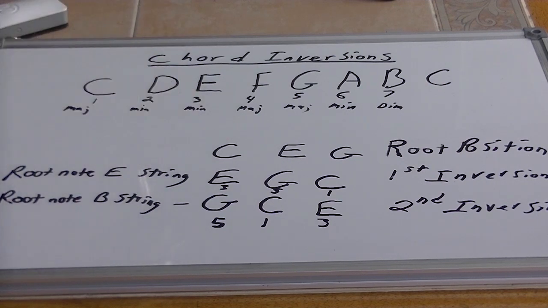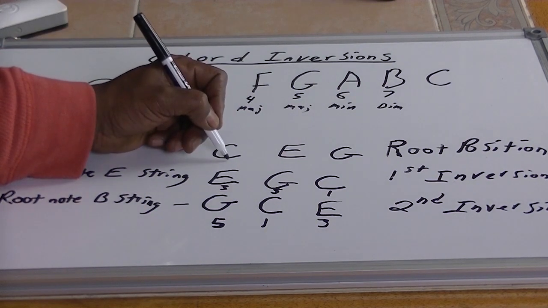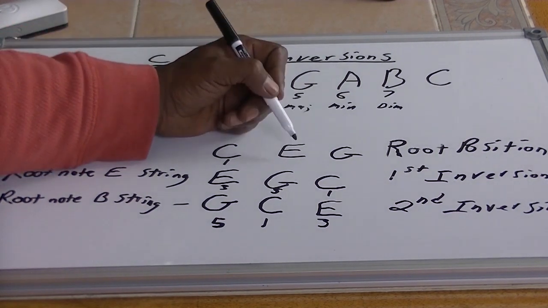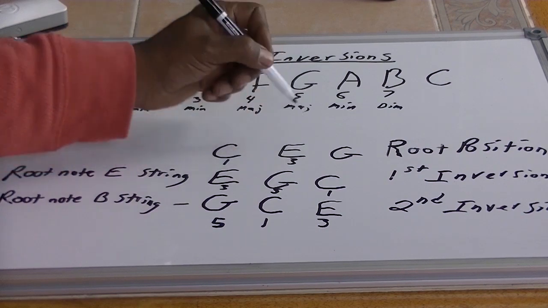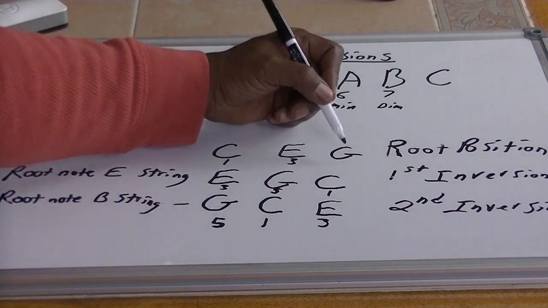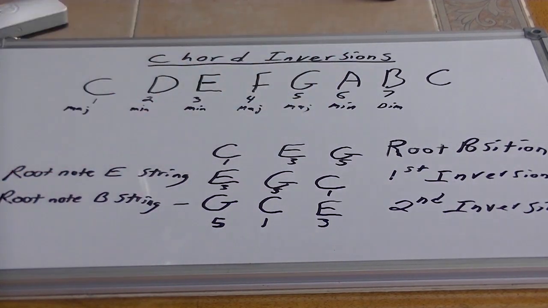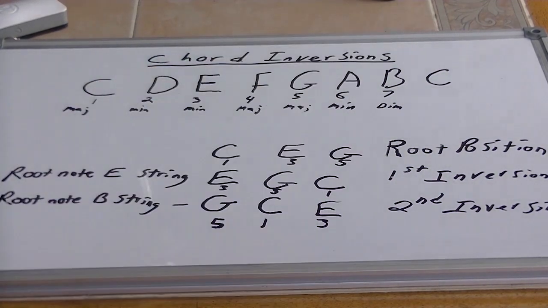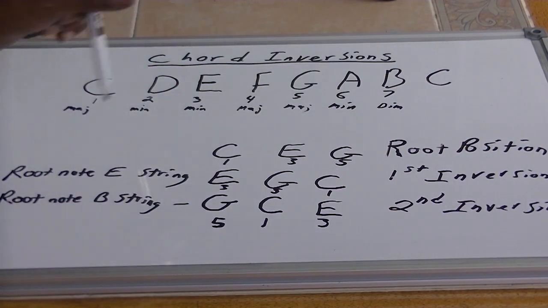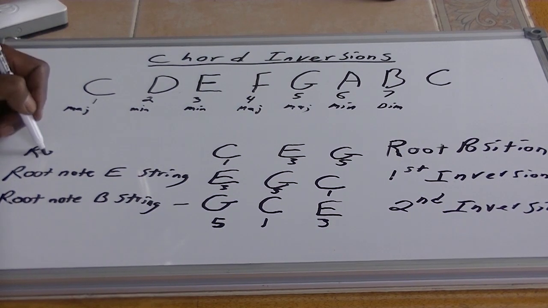Starting with the lowest string, the G, we have the root note. And then on the B string, we have the third. And then on the E string, we have the fifth. So these are the root position chords. And I'm just going to write that over here.